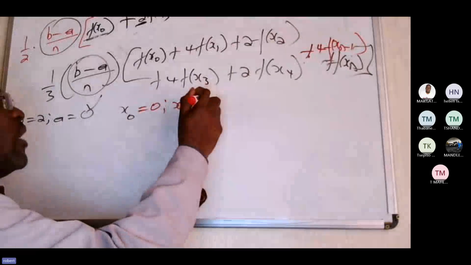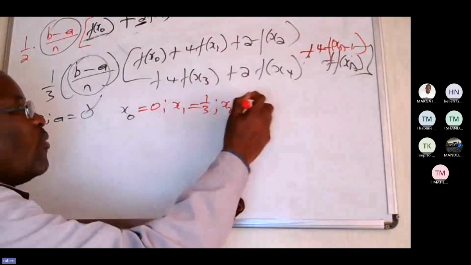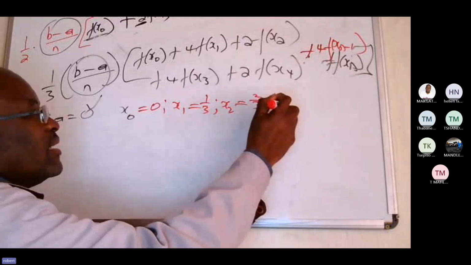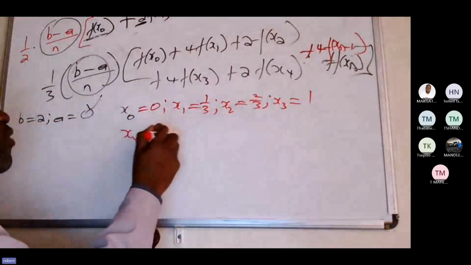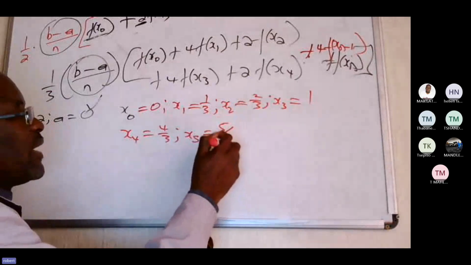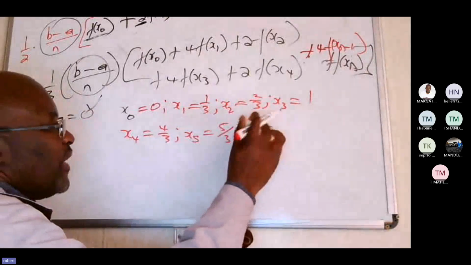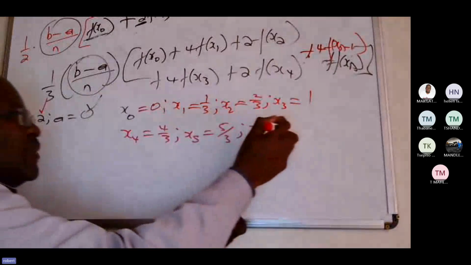Therefore, X1 is still 1 over 3. X2 is still 2 over 3. X3 is still 1. X4 is still 4 over 3. X5 is still 5 over 3. And X6, very important, must be the last one. It must be 2.